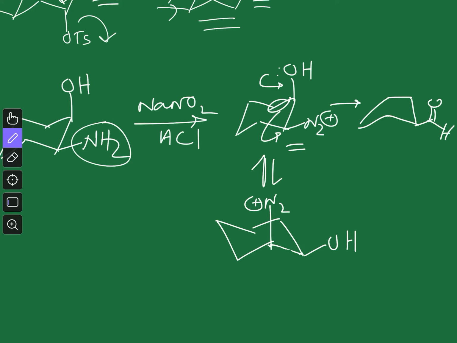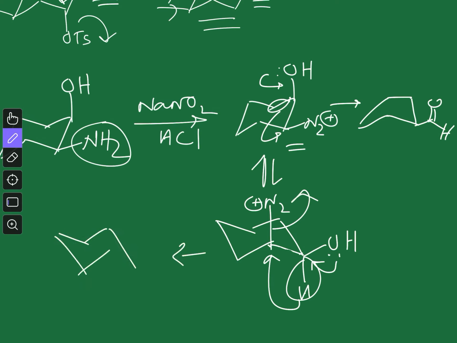But from this particular structure, you can see when this oxygen pushes, this hydride will shift to here and it will go. So from here you will get the cyclohexanone product. So you have to remember whether the tert-butyl group is there or not. If the tert-butyl group is there, then you cannot flip the molecule, but if tert-butyl group is not there, then you can flip the molecule and you can have two possibilities. So this is the thing you have to remember, and all these four products are possible.